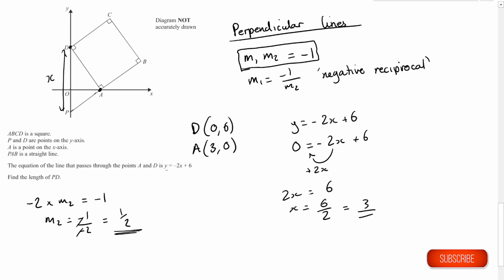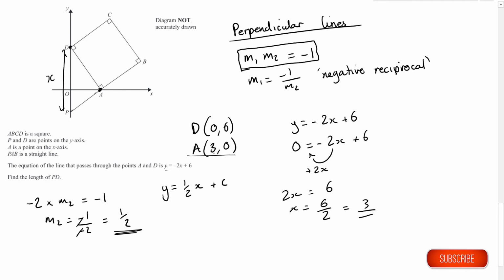Now what that means is that our equation for PAB is going to have some form that y is equal to 1/2 x + c. And now we have 3 unknowns currently in this equation, and we want to work out what c is, but to do that we kind of have to know what x and y are, which is why we had to work out the coordinates of point A, because we know A is a point that's on the line PAB.